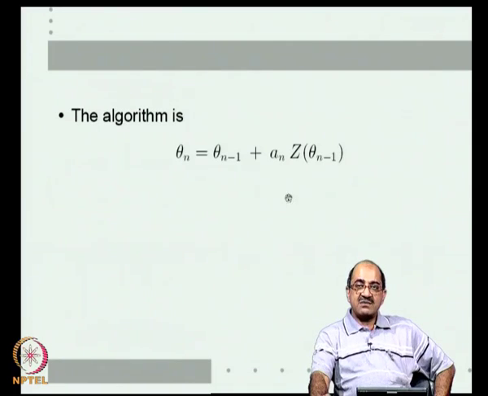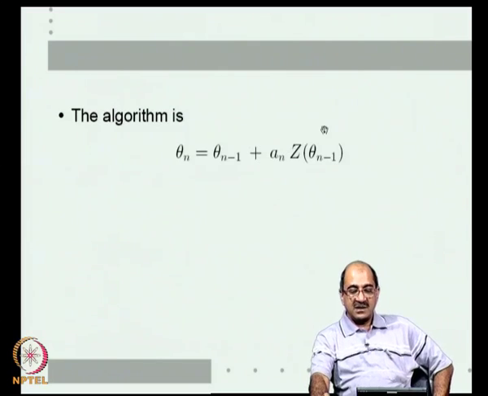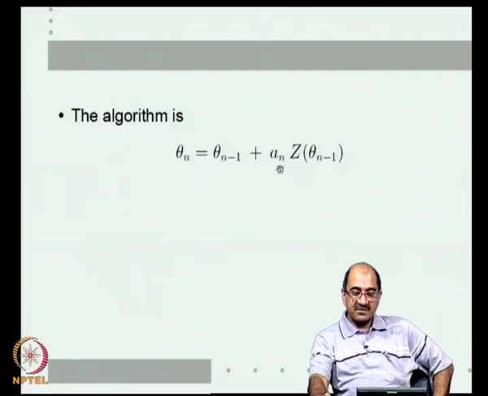So, even at the 0 of h, z does not have to be 0. So, it is not quite clear what this algorithm does, but because we do not have h, we only have z, we put z in place of h and we put a step size. Now, if this has to converge, because we are not guaranteed that z will be 0 at the 0 of h, the only way it can converge is if a n goes to 0. But if a n goes to 0 any which way, it will not work.